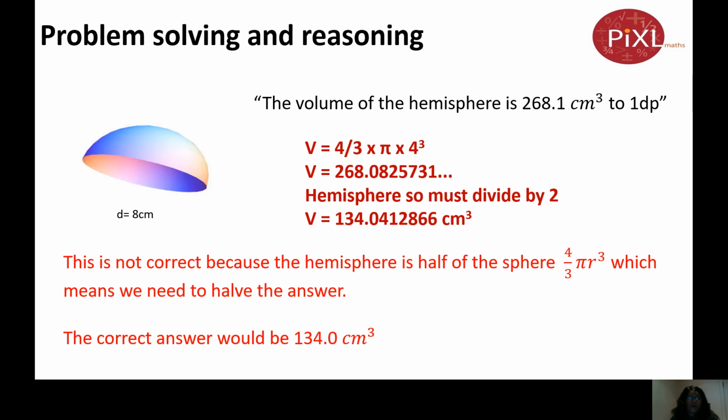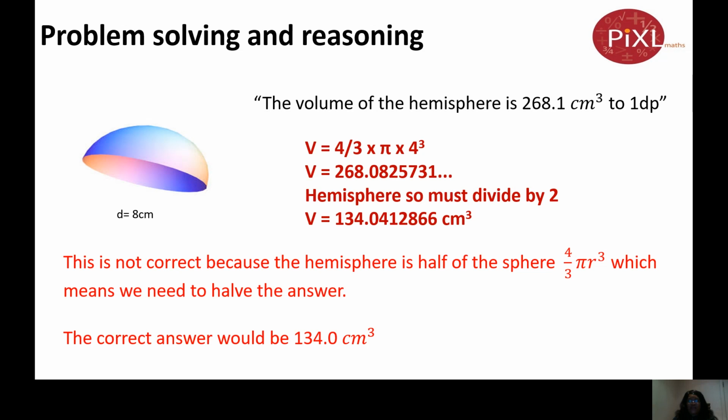Okay, so we are now going to look at each one of them one by one. The first one is the hemisphere. The diameter is 8. So we need to work out the radius, which is half of that. And half of 8 is 4. So we work that out and we get 268.